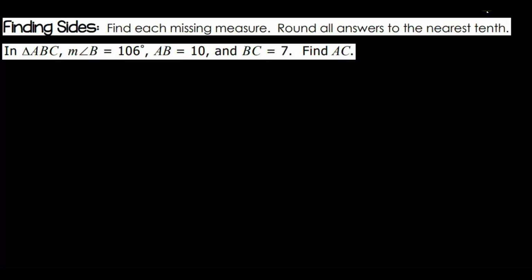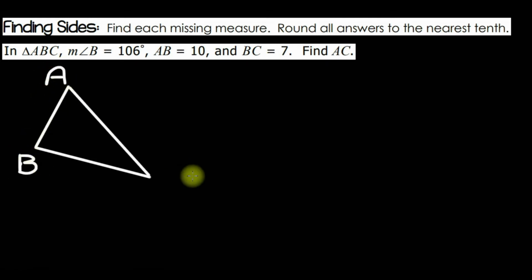Okay, let's take a look at this example. It says to find the missing measure and round all your answers to the nearest tenth. So here you're given triangle ABC. Angle B is 106 degrees. AB is 10, and BC is 7, and we're looking for AC.